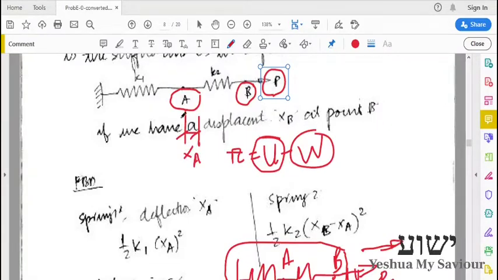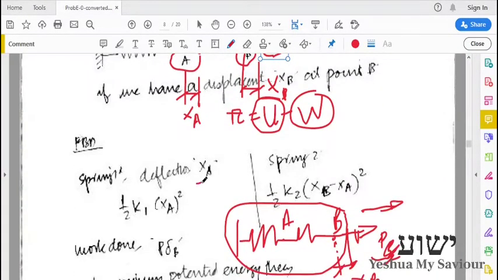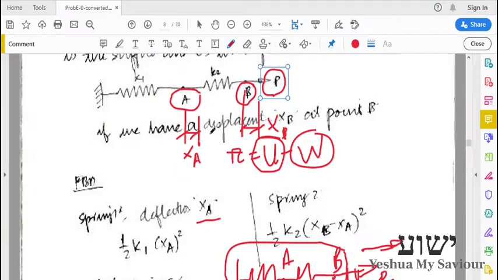Okay, and point B obviously will be moving a distance of xb. So this end is fixed. So the net deflection of spring 1 is xa, and the net deflection of spring 2 is xb minus xa.